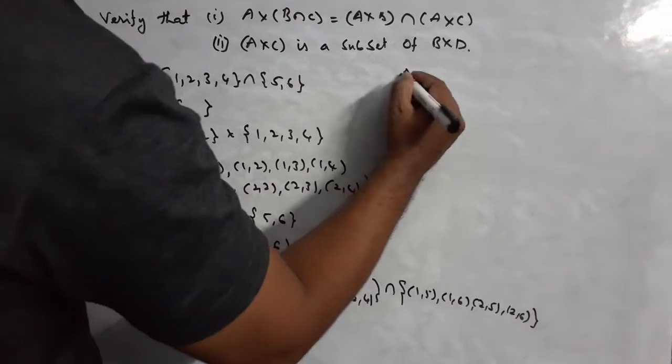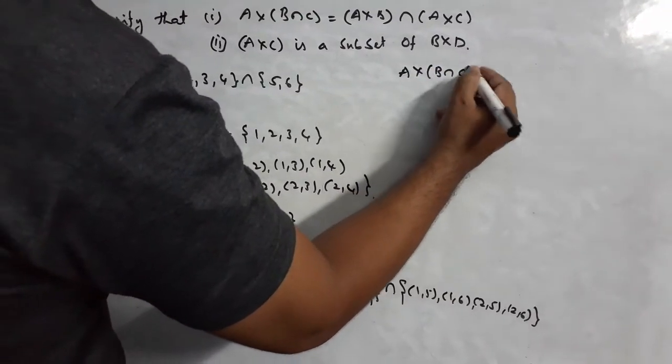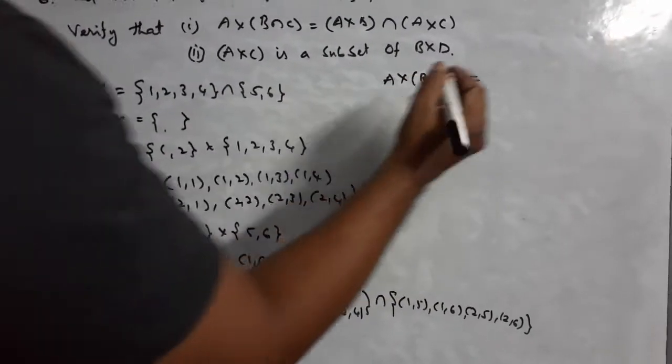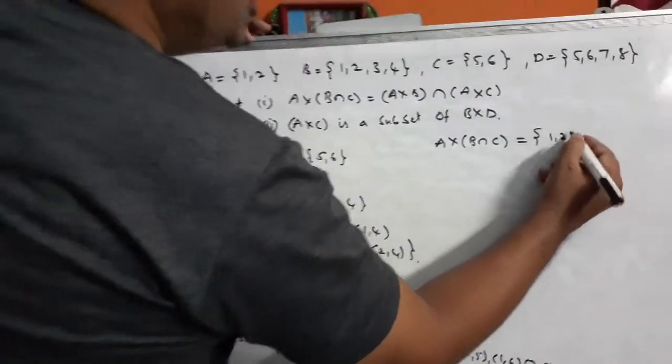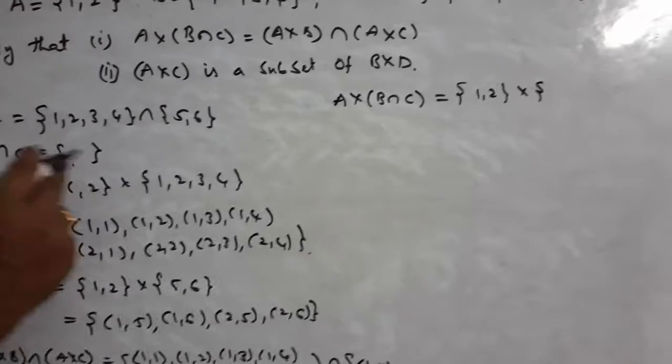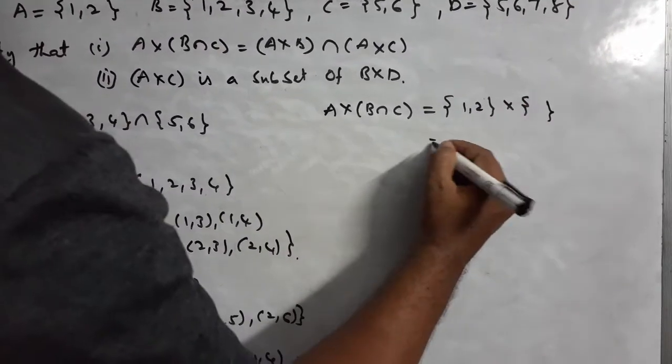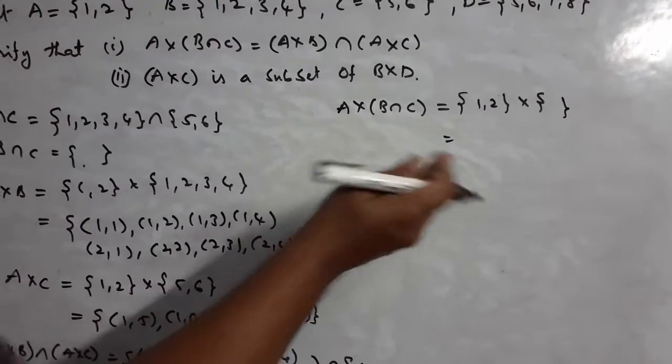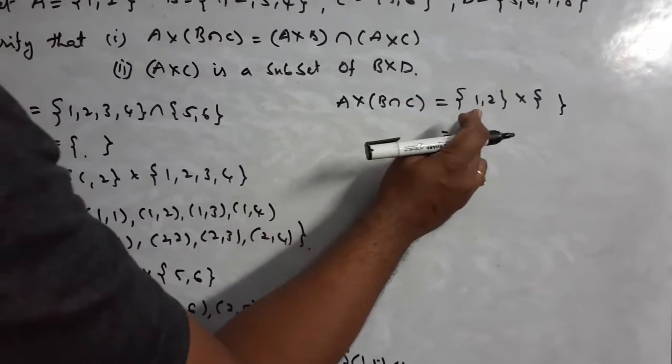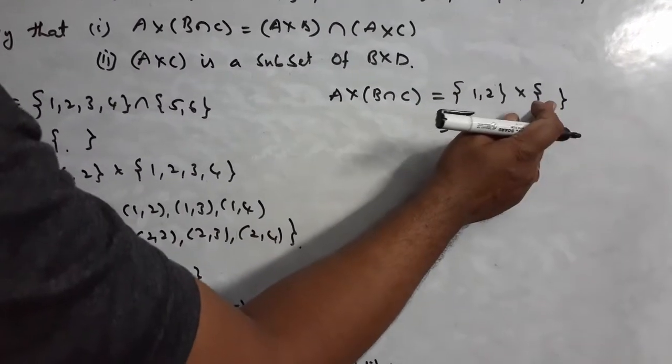Now what about A cross (B intersection C)? A is 1 comma 2, cross B intersection C, which we already know is the empty set. So we have to choose ordered pairs with the first element from the first set and the second element from the second set.